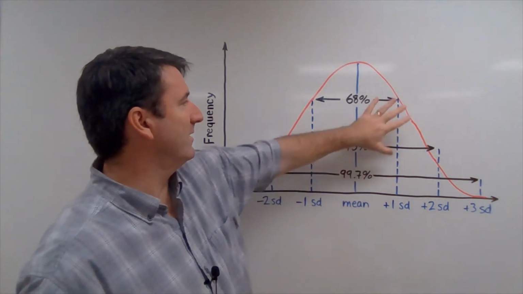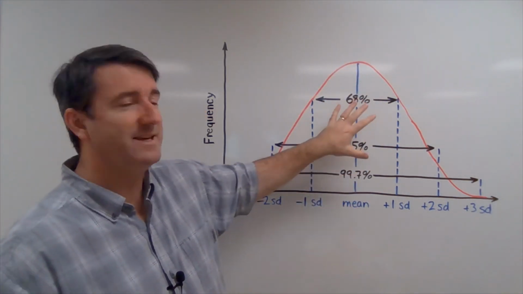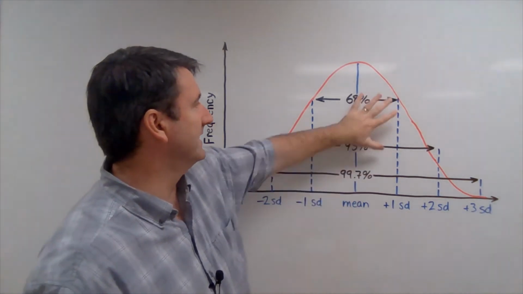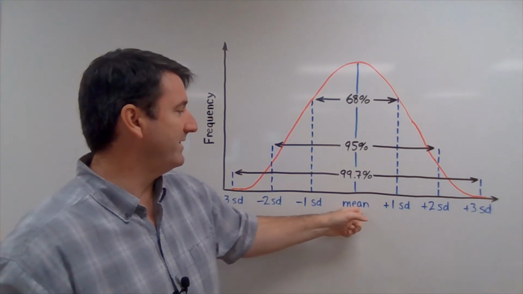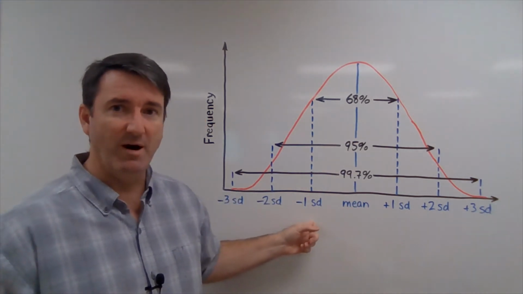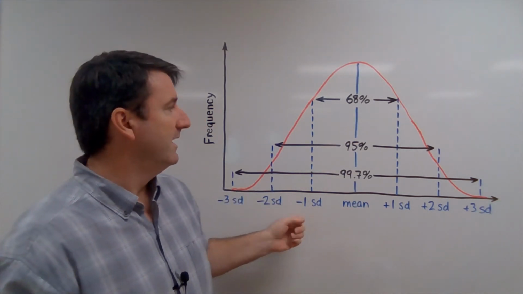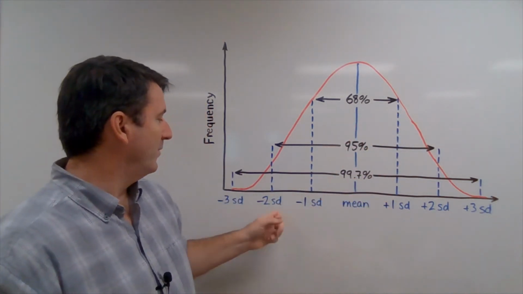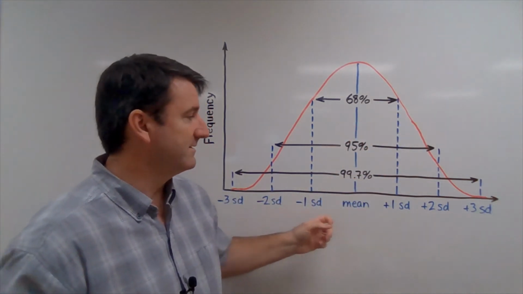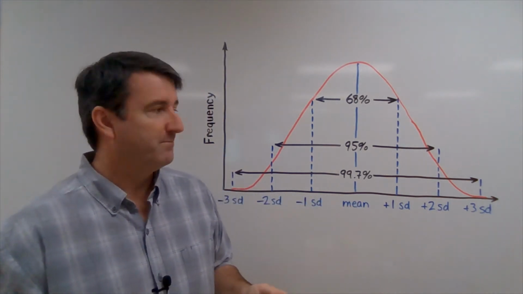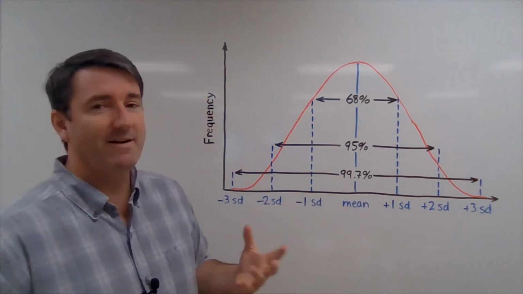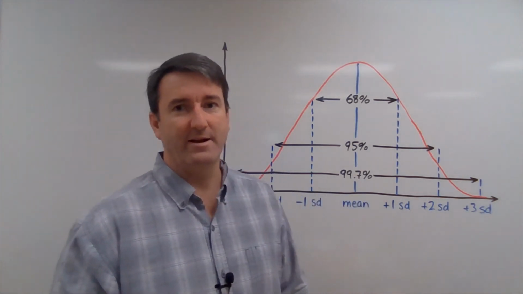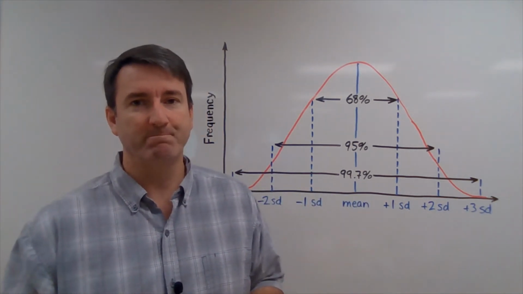So what we can see here is that 68% of our data values are going to lie in the center here, within one standard deviation above and below the mean. 95% of values are going to lie within two standard deviations above and below the mean. And 99.7% of values are going to lie within three standard deviations of the mean.